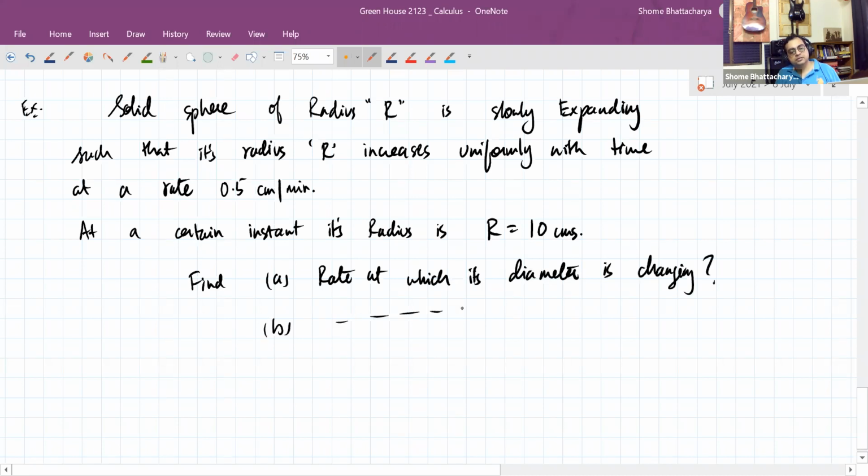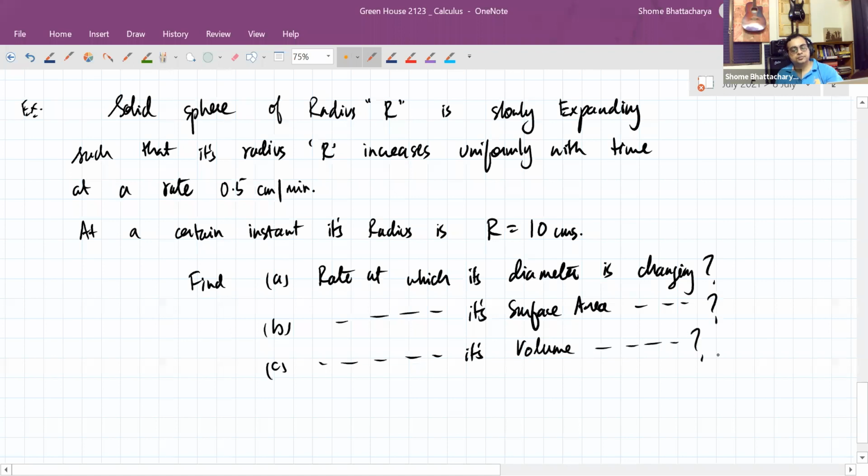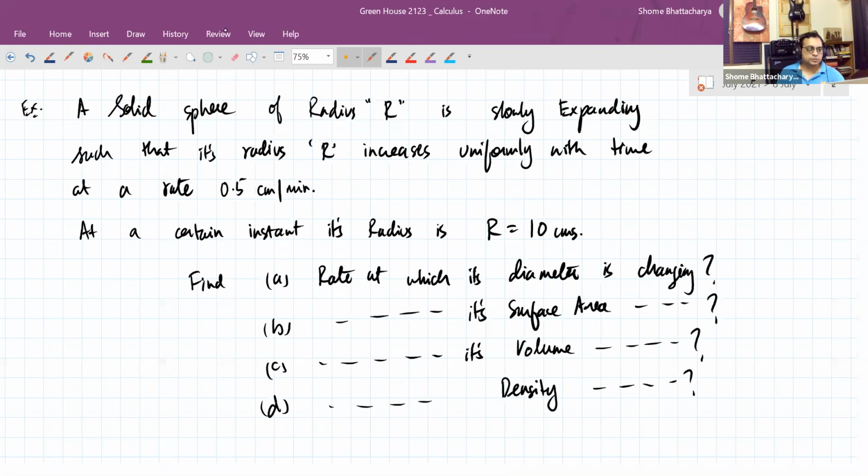Then the rate at which its surface area is changing. And finally, the rate at which its volume is changing. We can even add one more part, the rate at which its density is changing. Okay, so same type of concept, same method, just try it out.